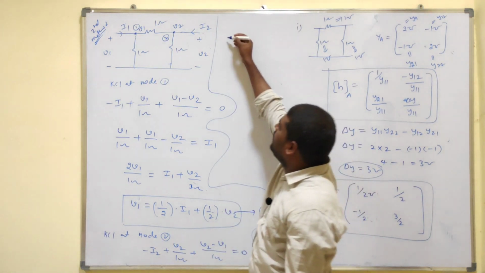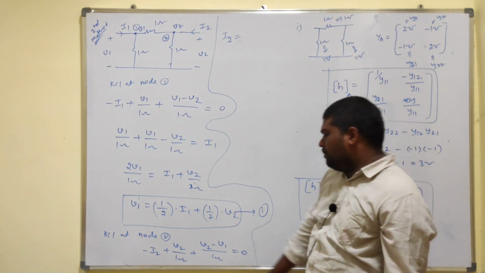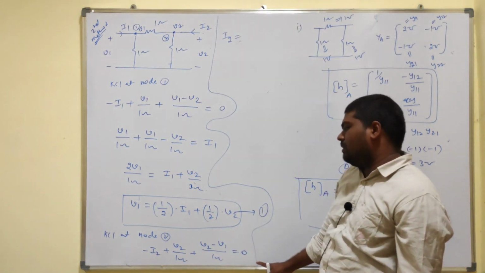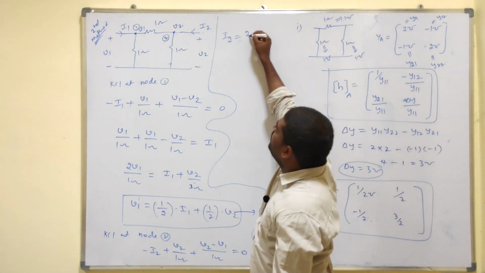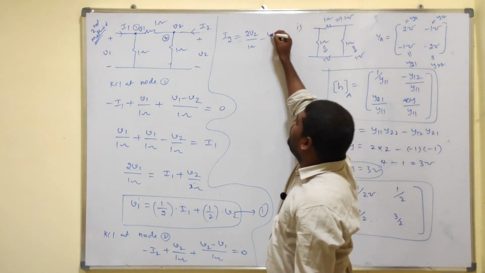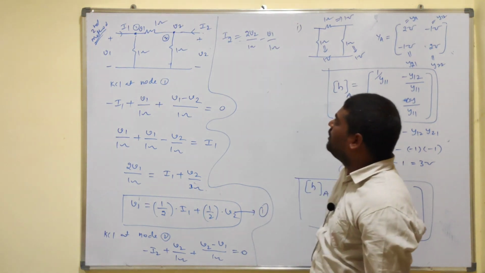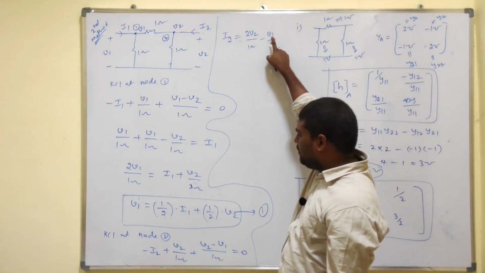In this equation, I2 equals, just bring I2 to the RHS side. Then what you will get? V2 by 1 ohm plus V2 by 1 ohm, that is 2V2 by 1 ohm minus V1 by 1 ohm. So here 2V2 and minus V1.